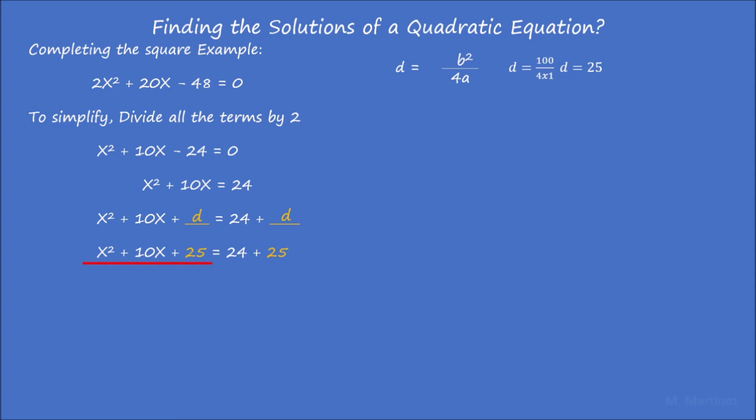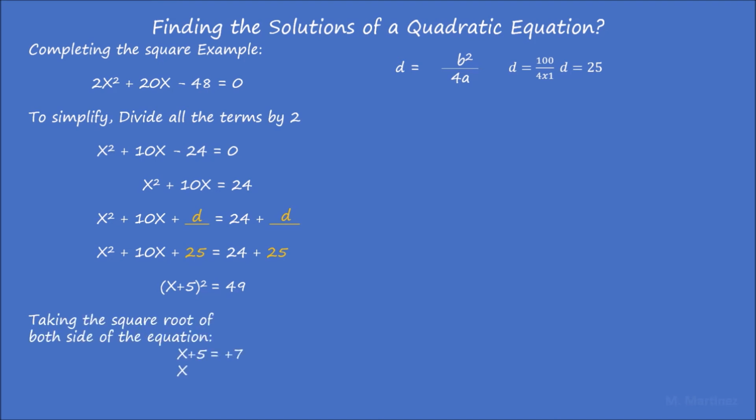And since this equation is now a perfect square, we can write it as the quantity x plus 5 squared equals 49. Since 49 is a positive integer, getting the square root of both sides of the equation will give us two results. x plus 5 equals 7, and x plus 5 equals negative 7. From here, we can solve the value of x. The solution to this quadratic equation will be x equals 2 and x equals negative 12.